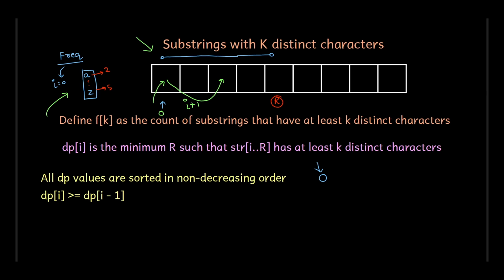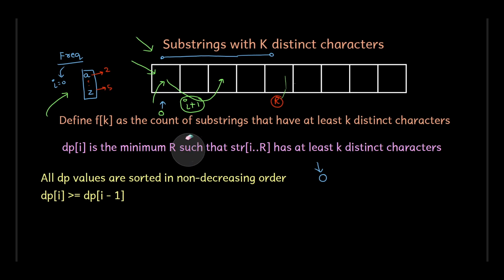If that is the case, then the minimum R at which I plus 1 to R has at least k unique characters is the same as the one you encountered with 0. Otherwise, if it was the sole unique character, then you have to move right a bit.